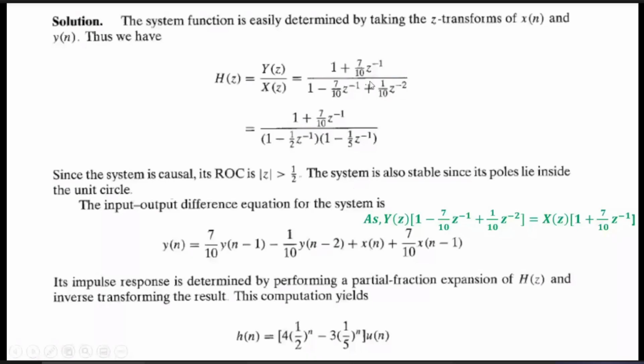At different times of n we know the values, so we know y(n) exists at n equal to 0, and n equal to 1.